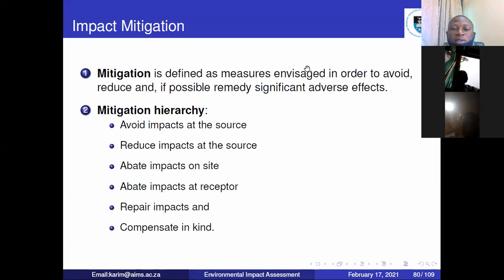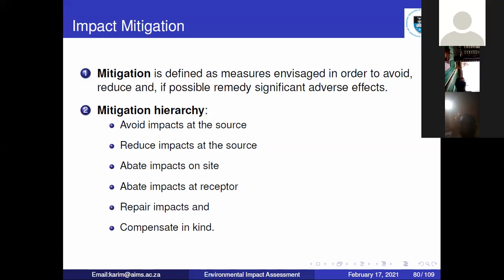How do we mitigate? How do we stop? How do we avoid the impact? So here we are saying that mitigation refers to measures that one will adopt to avoid or to reduce, and if possible, to rectify, to remedy significant adverse effects.